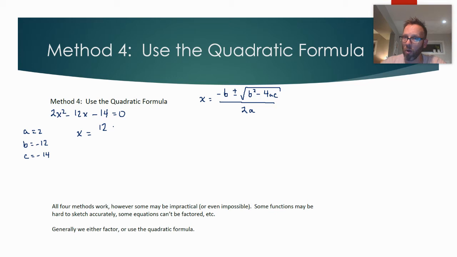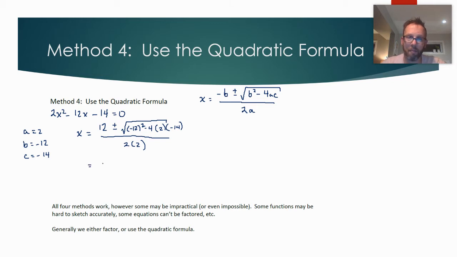If b is negative 12, the opposite of that is positive 12. Plus or minus, because we can get two solutions, the root of negative 12 squared minus 4, a is 2, c is minus 14, all divided by 2a, 2 times 2.